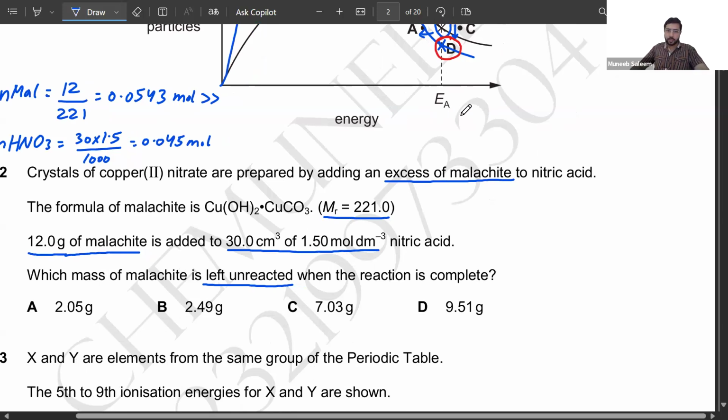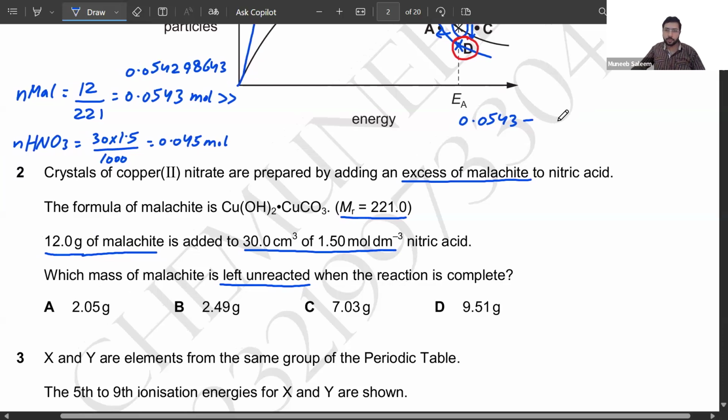So basically, 0.0543, you can take the actual value because this will give me the exact answer, which I can quote here. It would be 0.0542986, etc. You can use the whole value. It should be minus the moles of the nitric acid, that is 0.04545.